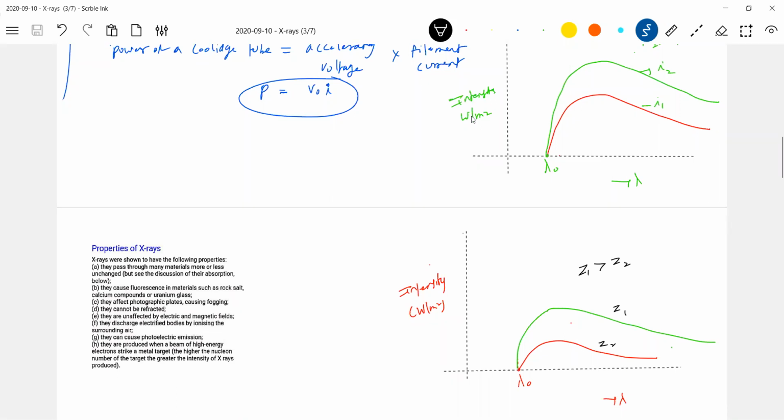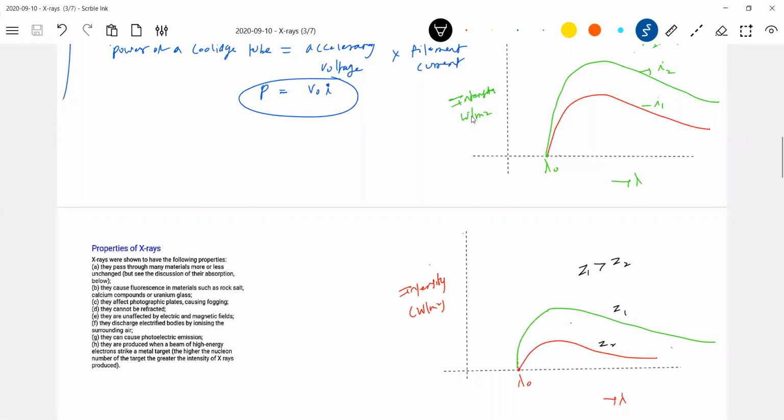The atoms will be more closely packed. Then what will happen to these fast moving electrons? They will encounter more resistance, more retardation, and more photons are given out. More photons are given out, so intensity will increase. Slightly, the Z1 curve, the green color, will not overlap with Z2, it will lie just above. Cutoff wavelength will not change.